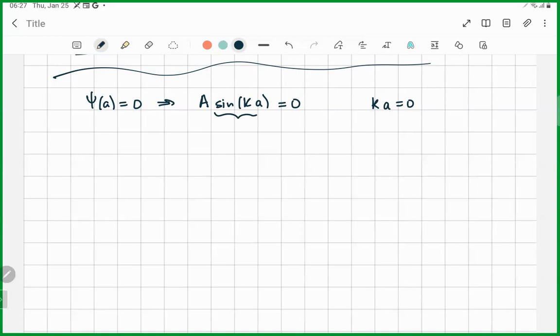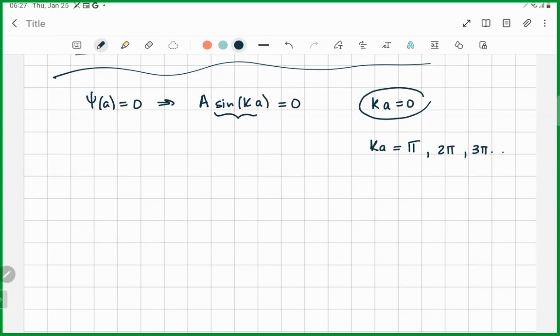What are the other possibilities to have this sine equal to 0? Look at that. How about pi? Or 2 pi? Or 3 pi? And we can continue with any multiple of pi. So why not 0 here?